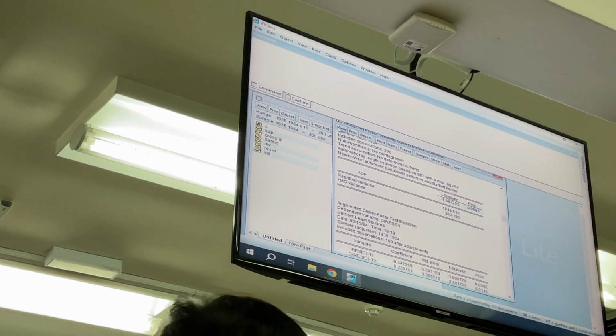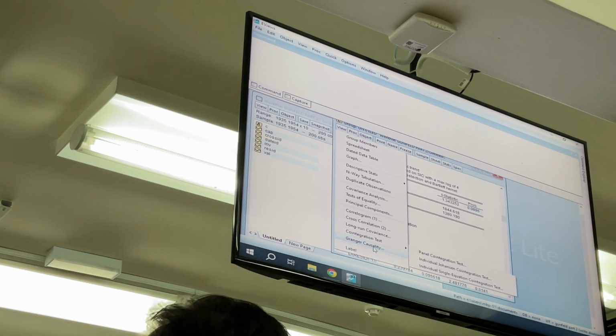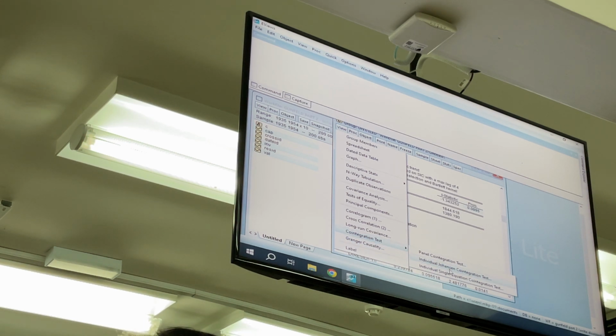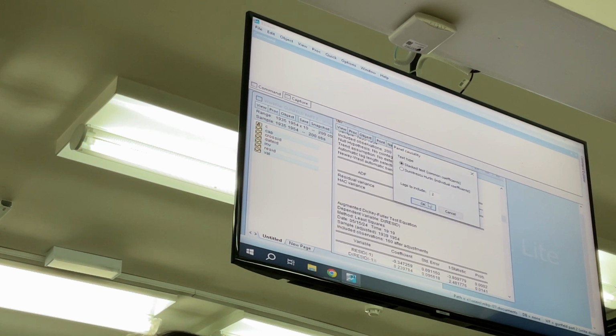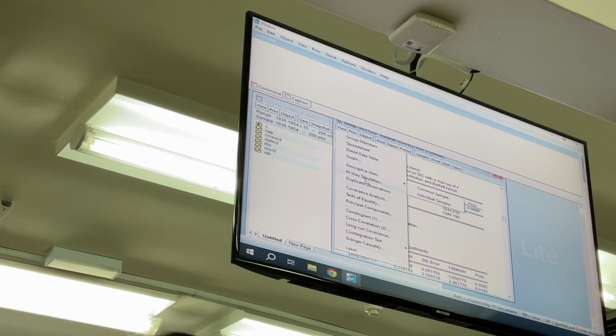So what else can you study? Later on, we are going to discuss the Johansen cointegration test together with the single equation. Actually, in the menu we also have causality as well. Before we move to the second part, what else?